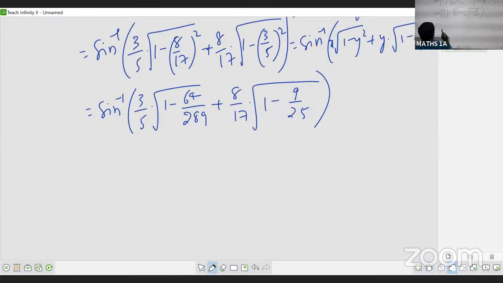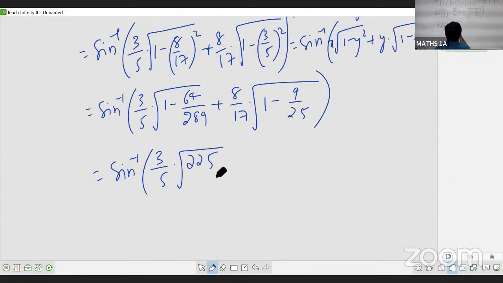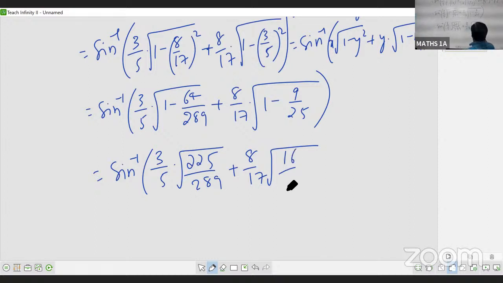It's only simplification. Then sine inverse 3 by 5 under root of 289 minus 64 is 225 by 289, plus 8 by 17 under root of 25 minus 9 by 25.